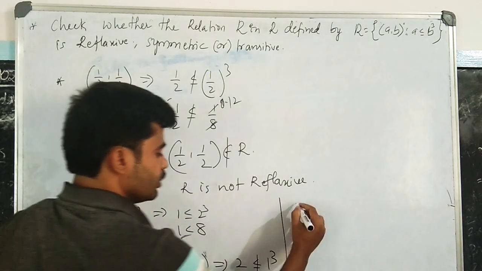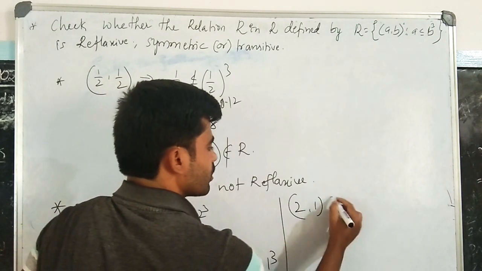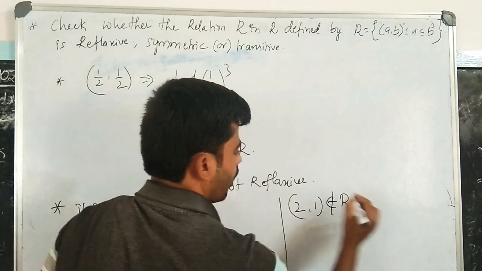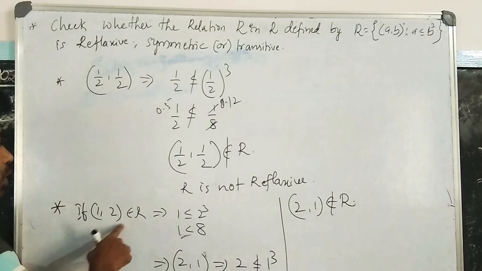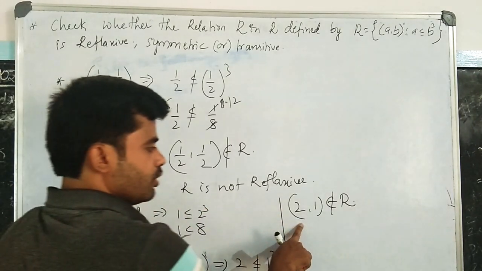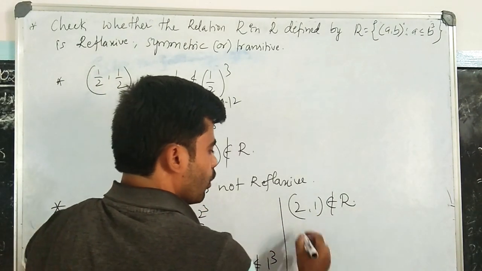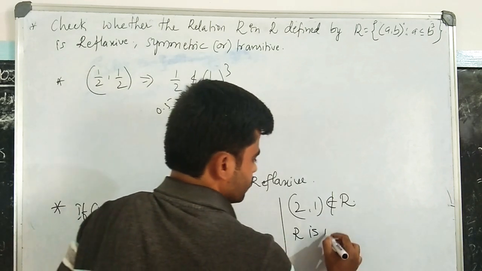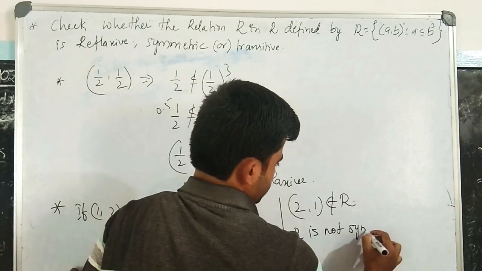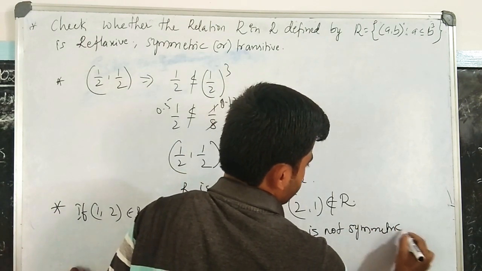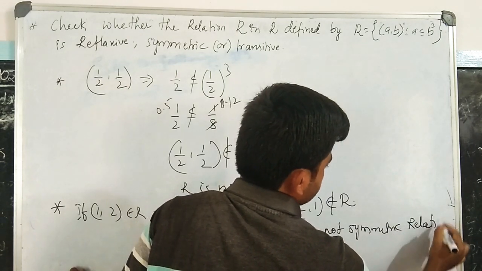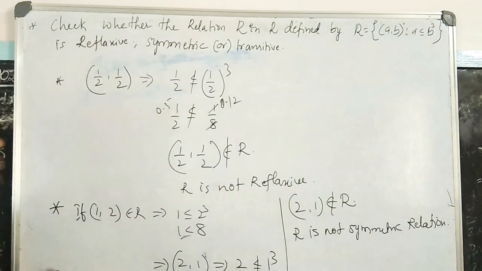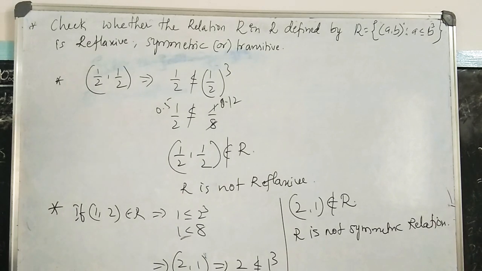Hence we can say (2, 1) is not in R. (1, 2) is in R, but (2, 1) is not in R. What can we say? R is not a symmetric relation.